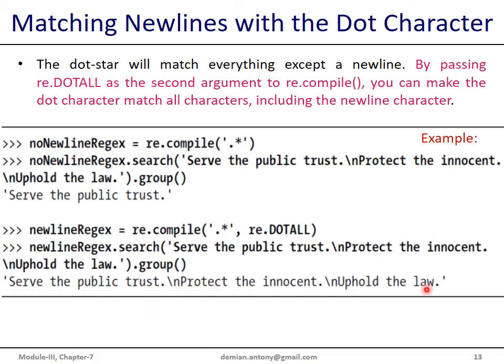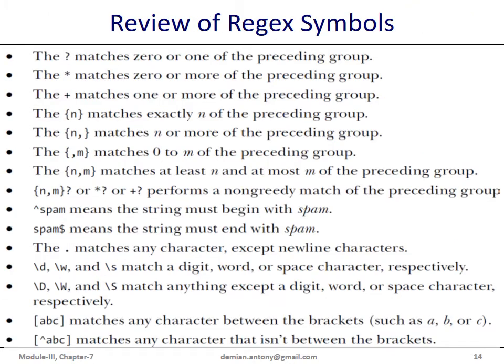Now you can see in the second example we have a larger matched string containing multiple newline characters. This slide shows the summary of all the regular expression symbols we have seen so far, starting from the question mark till the caret symbol to create a negative character class.